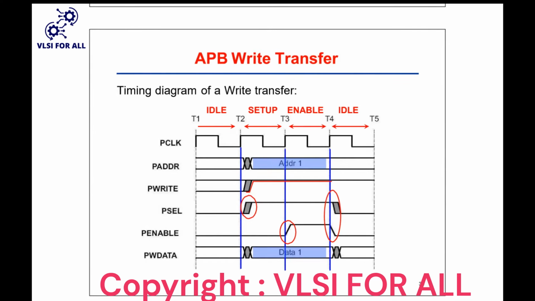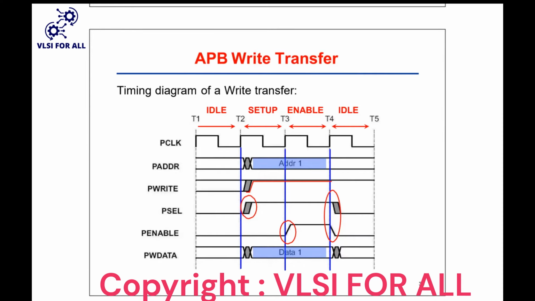Address, write, selection and enable are the four control signals. In between T1 and T2 they have written idle state. Why have they written idle state? Because PSELECT and PENABLE are both 0.